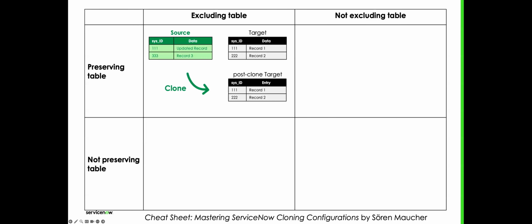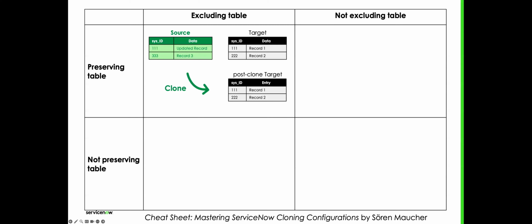I reference this article here because it goes into great detail. It's excellent. But putting it in a 2x2 matrix is a very helpful way to illustrate what happens if you're excluding and preserving, or preserving and not excluding, and the other combinations that are possible. So let's walk through these one by one and explain how you can achieve your desired outcomes.